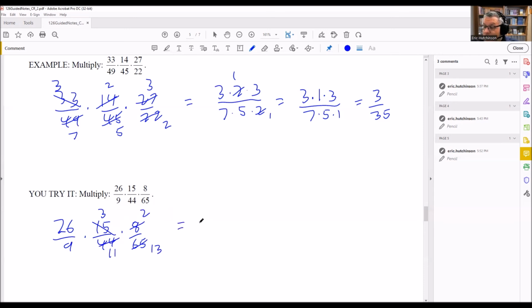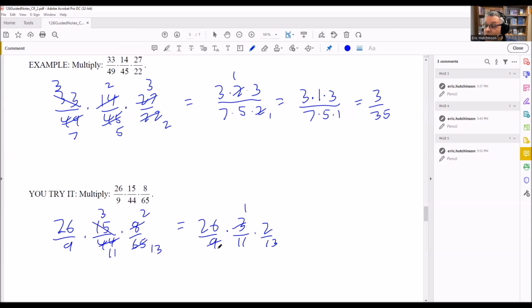So you know what, it's going to look more unclear if I try doing more reducing on that. Let's just rewrite out what we have so far, and that way we can do some more reducing over here in this next step. Now I do see some more things that I can reduce. I got a 3 and a 9, so 3 goes into both of those.